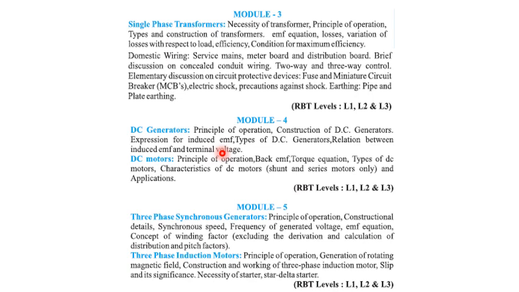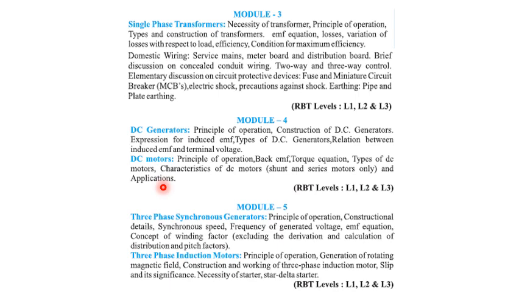In the second part of the fourth module, that is DC motors, the sub-units are principle of operation, back EMF, torque equation, types of DC motors, characteristics of DC motors, both shunt as well as series motors, and finally applications of DC motors. This is about the fourth module.